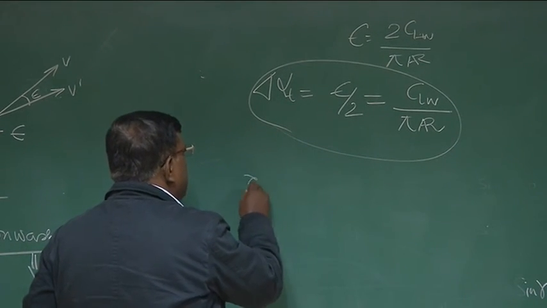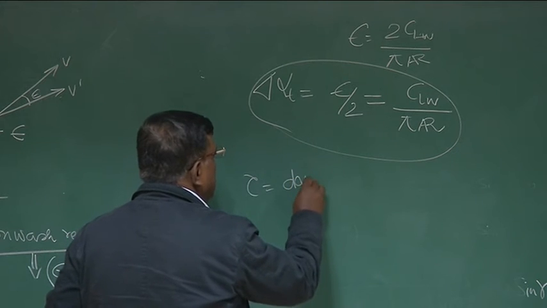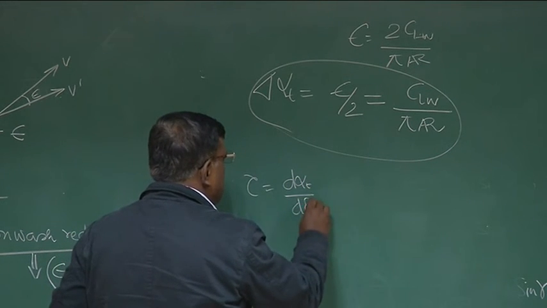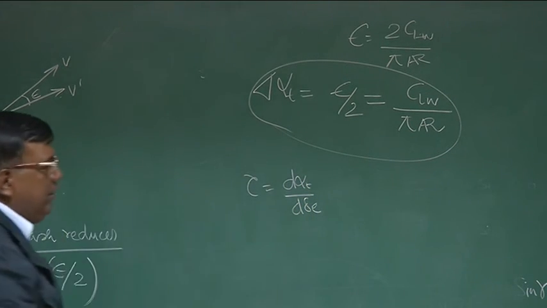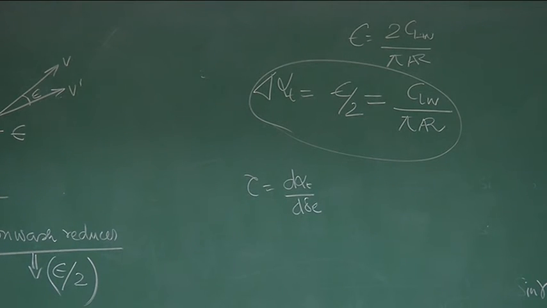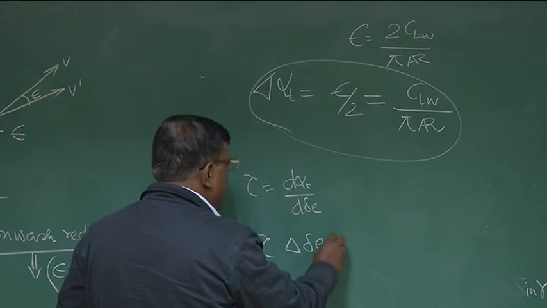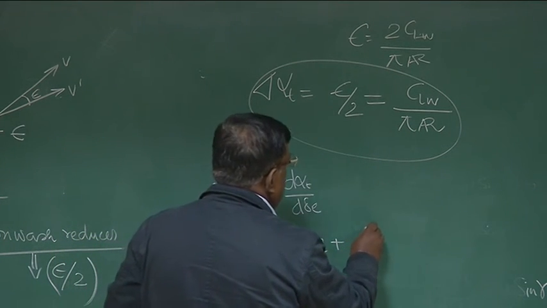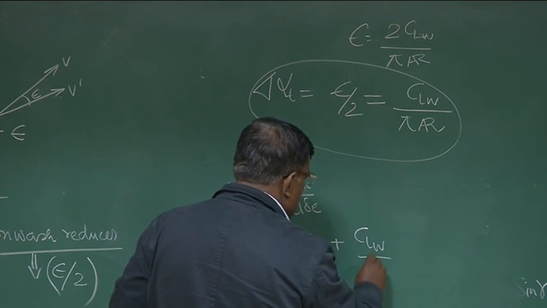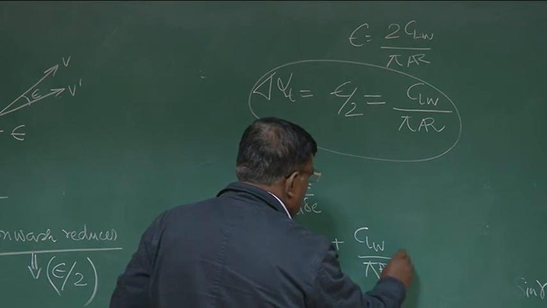We know the definition of tau, which is d alpha t by d delta E. That means per unit change in elevator deflection, how much alpha t gets changed. So I can write tau times delta delta E plus CL wing by pi aspect ratio should be equal to 0.